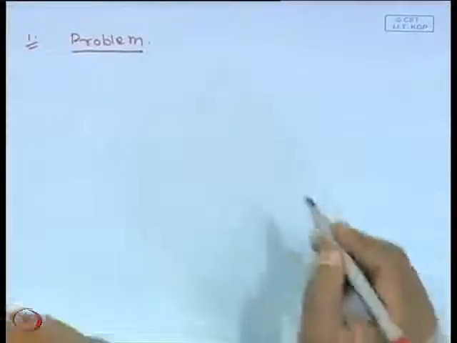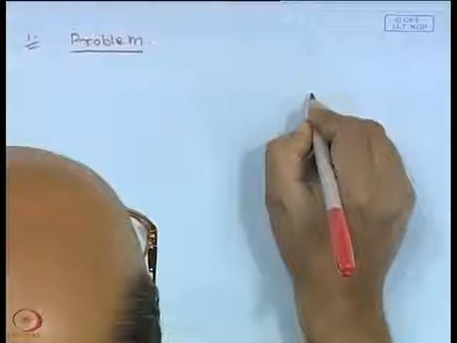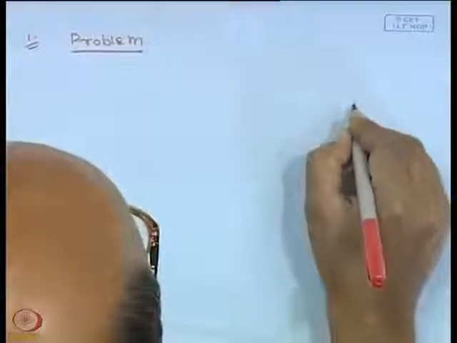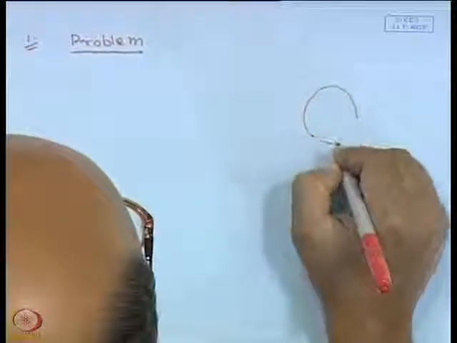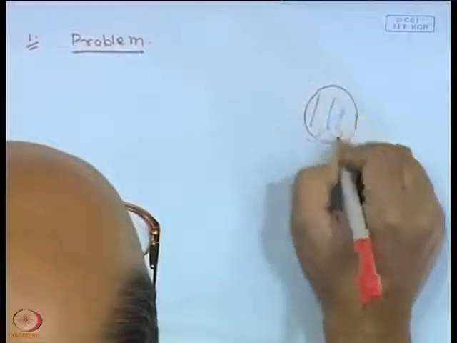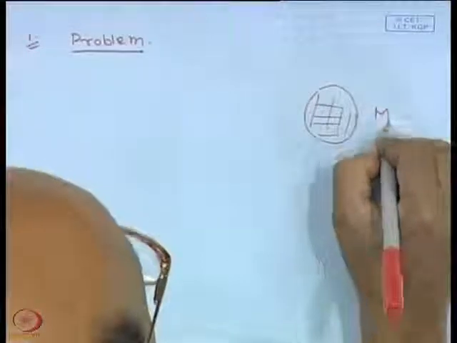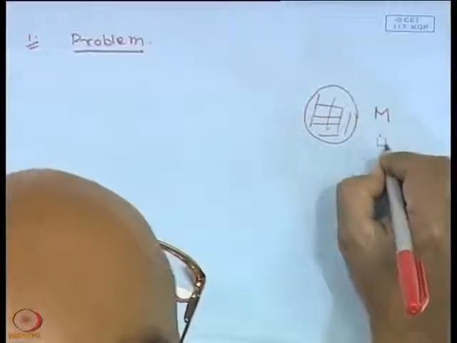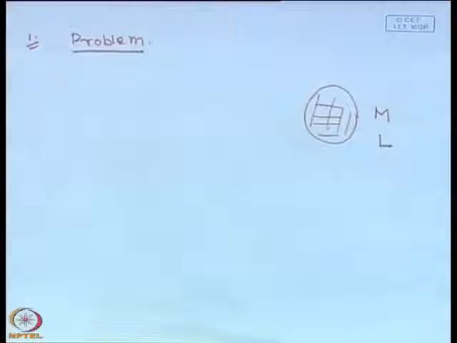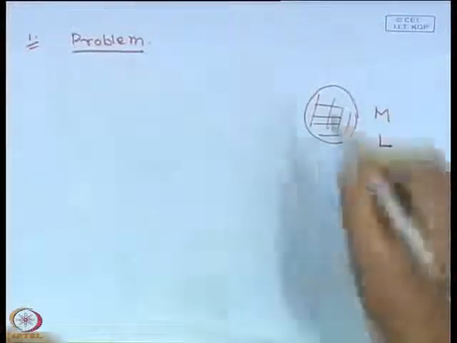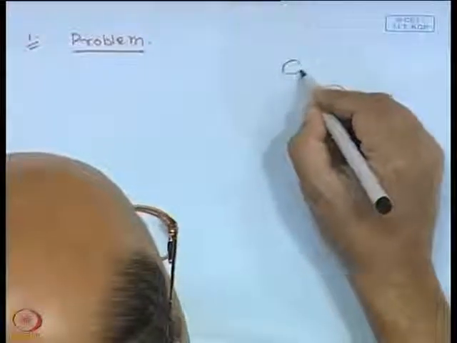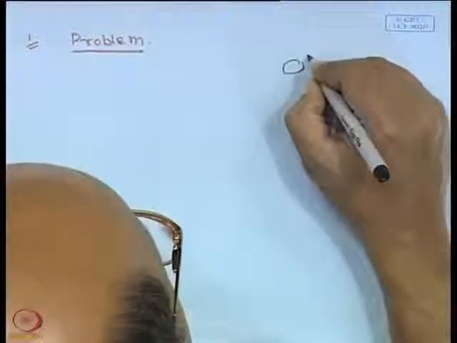We have a luminous source of mass M and luminosity L, and we would like to determine the condition for a gas cloud, let us say the gas cloud has mass small m.